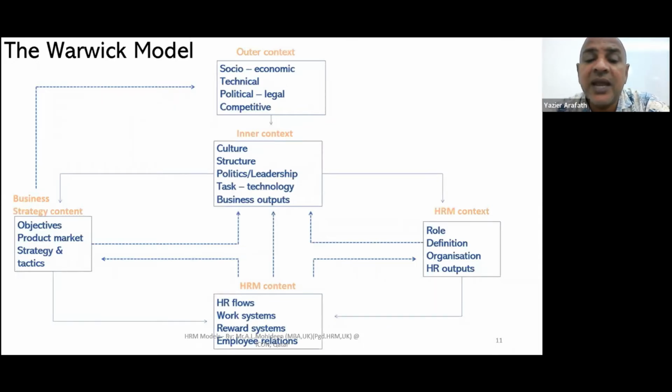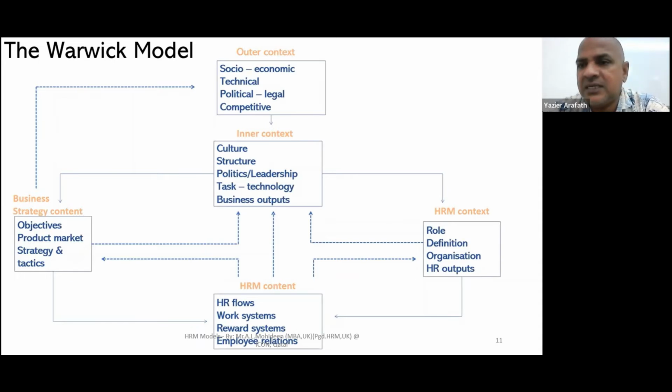What is the leadership, the technology they are adapting, and the business outputs they are getting? Everything should be connected. The inner context and the external context should be considered. At the same time, business strategy should be considered: what are our vision, mission, objectives, and strategies?